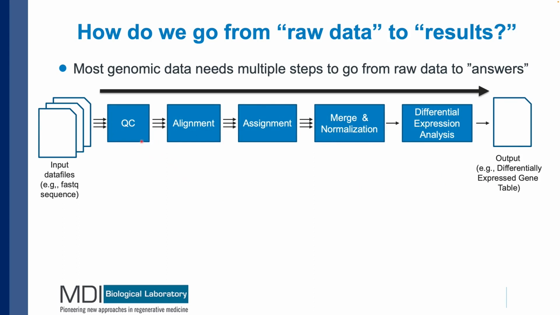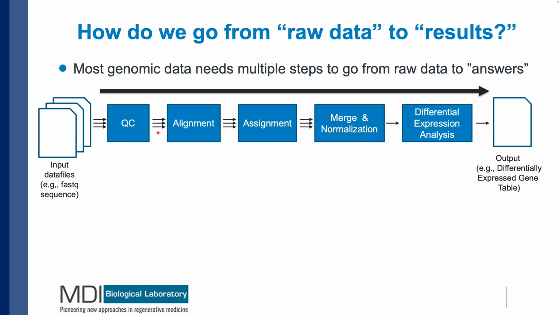We have quality control, then the alignment and assignment of the reads to their original transcripts and genes, then the merging and normalization of the output of these earlier steps into a complete matrix for all samples, and then finally some information that is generated in order to identify which transcripts, which genes, are differential among the different samples.